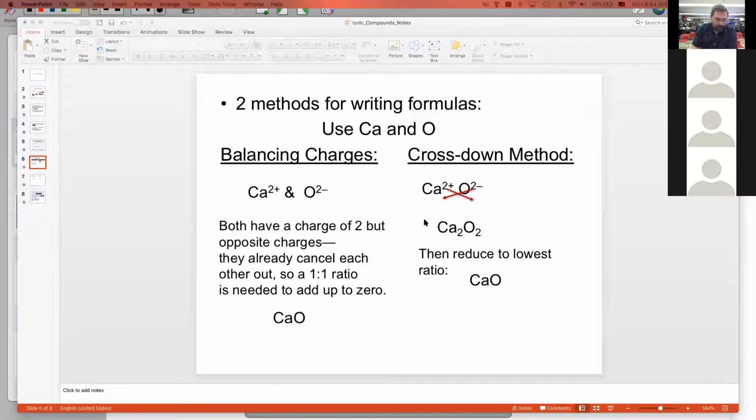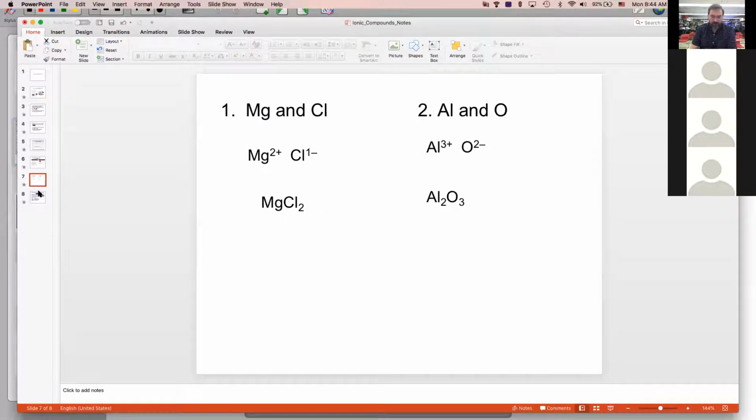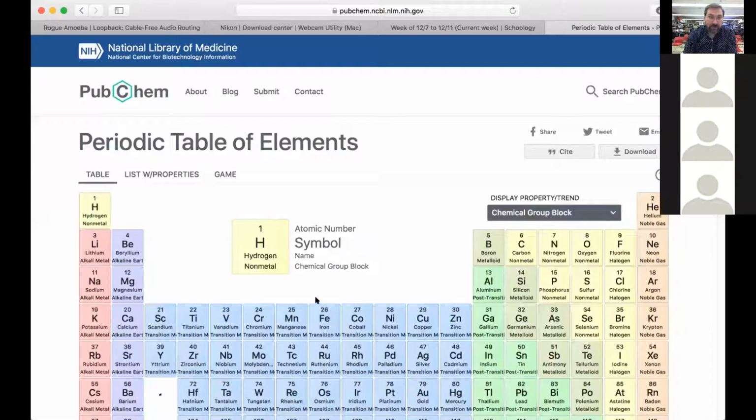So those are the 2 major methods, and I'll show you with practical examples the way in which each of those go. So for instance, if you have magnesium and chlorine, if you have a periodic table handy, you can take a look at that. We'll go back to this periodic table. Magnesium and chlorine.